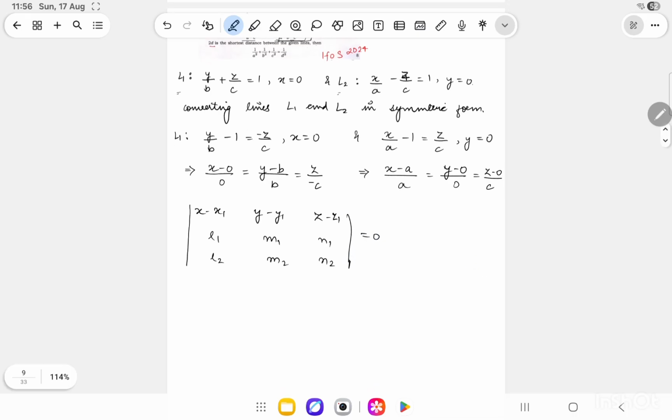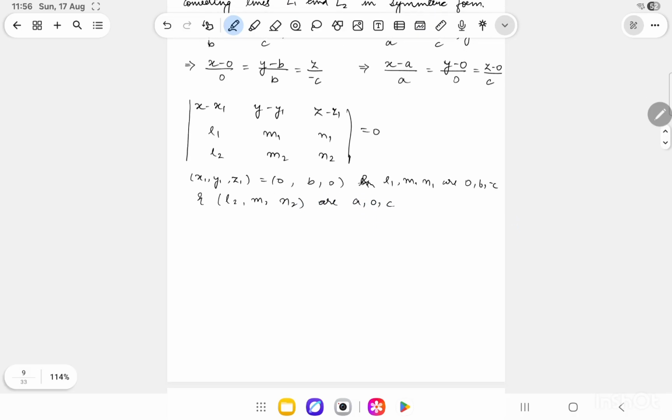From our equations we get x1, y1, z1 equals 0, b, 0, and l1, m1, n1 are 0, b, minus c, and l2, m2, n2 are a, 0, c.